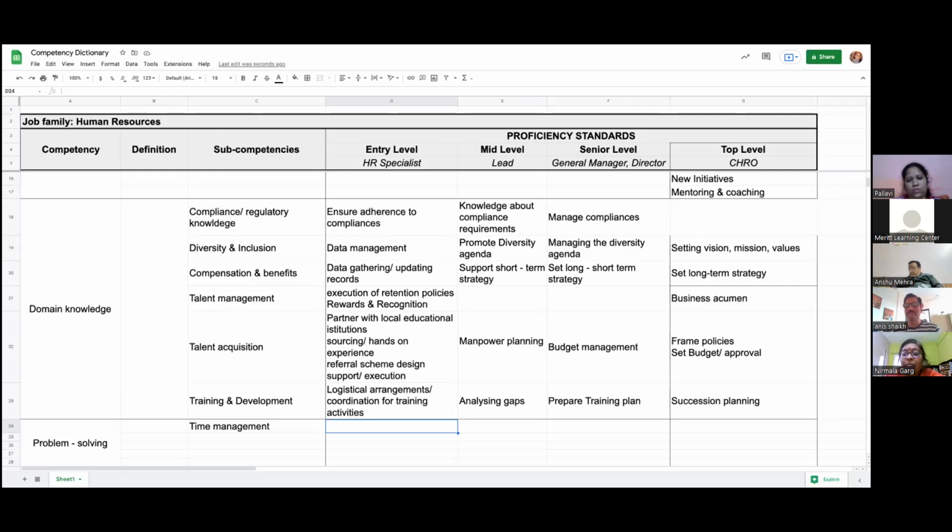Having said that, today we also looked at the competency dictionary. As we know, a dictionary is a glossary, which is a compilation of all the competencies required by all the jobs at different levels in different functions and departments, so that I know these are all the competencies across the organization.